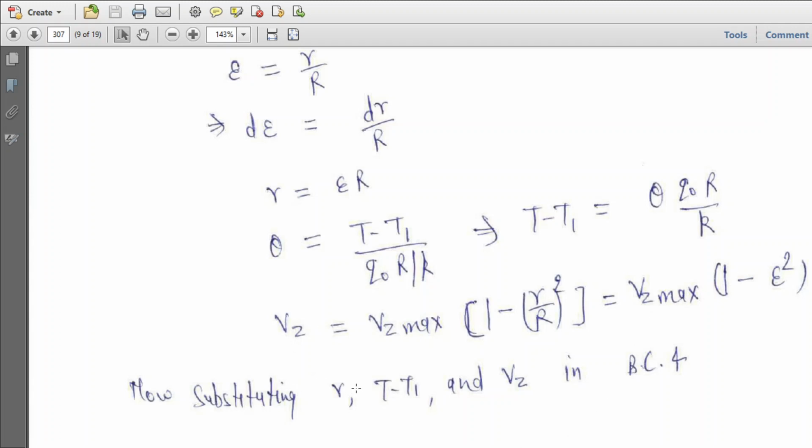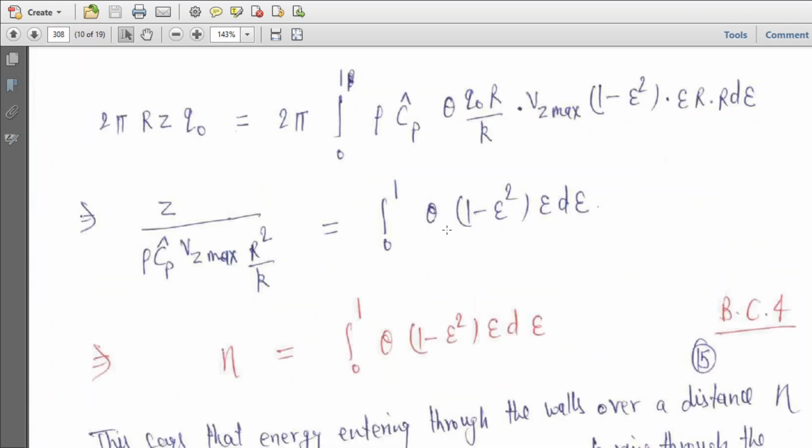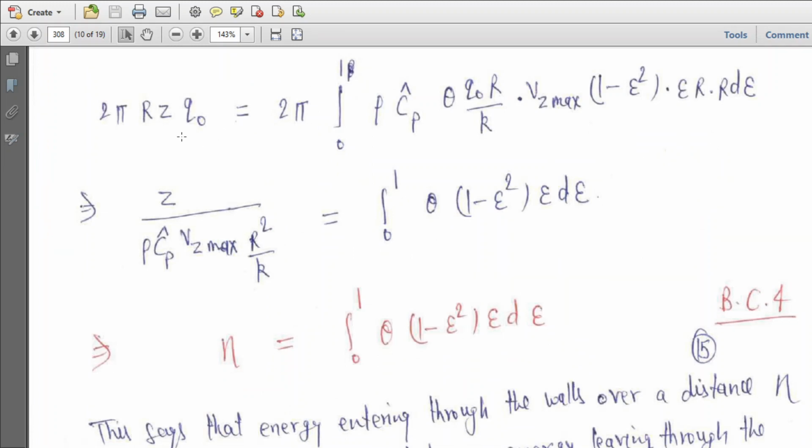Now substituting the expressions of r, T minus T1 and Vz in boundary condition 4, we end up with this equation: z rho Cp Vz max R square upon R, equal to 0 to 1 theta (1 minus epsilon square) epsilon d epsilon.